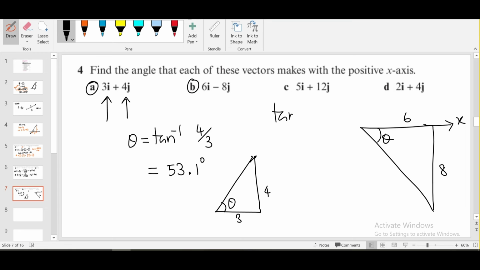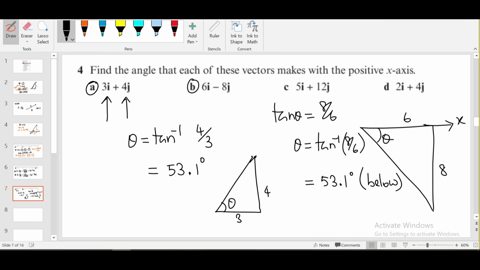You can write tan theta is equal to 8/6. Theta is tan inverse of 8/6. But the angle is below, right? So 8/6 is the same as 4/3. So you'll get 53.1 degrees below. Just put below. Here you can put above the x-axis or simply above. So below wouldn't it be negative? It will be negative. You can just simply write it as just below.